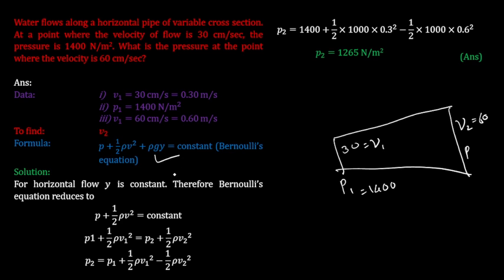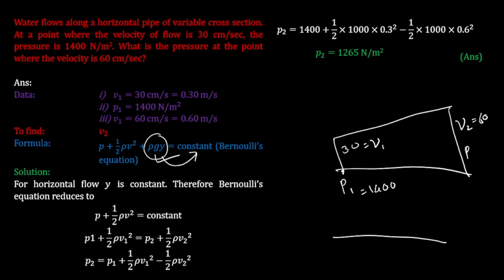The pipe is horizontal, that means flow is horizontal. That is, the y value, which is the elevation of different regions relative to a certain horizontal, is the same everywhere because the pipe is horizontal. So the y value is constant everywhere, g is already constant, and the density of the liquid is also constant. So this entire quantity is constant. We transfer it to the right hand side and therefore the right hand side will be a constant value for all the regions in the pipe.